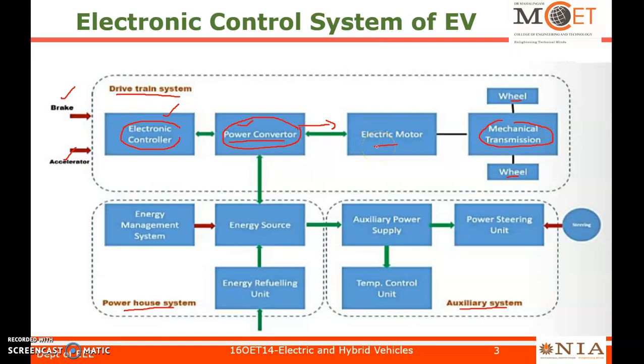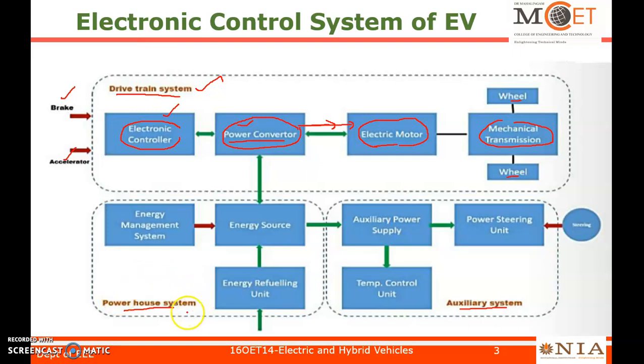After the electric motor receives the conditioned and controlled electrical signal from the power electronic converter, it operates with controlled speed and controlled torque, which is applied to the mechanical transmission system of the electric vehicle, through which it can be driven. So this is the operating concept of the drivetrain system.